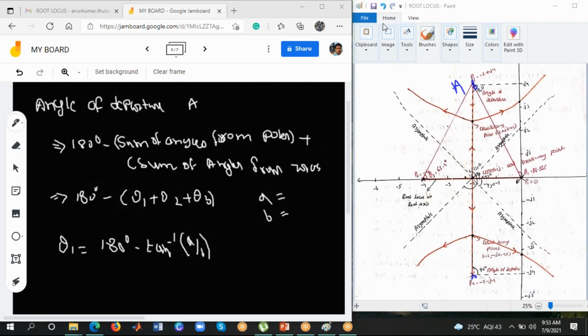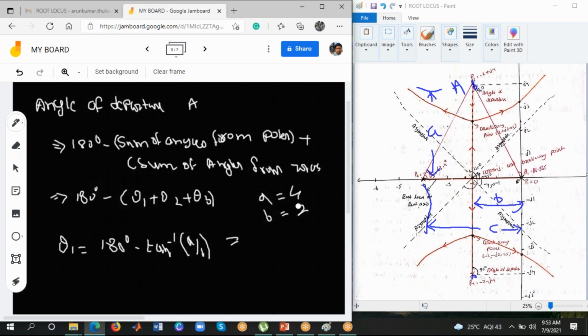So here a value is this distance from here to here, and this is B, and this is C. Now A equals to 4 and B equals to 2.